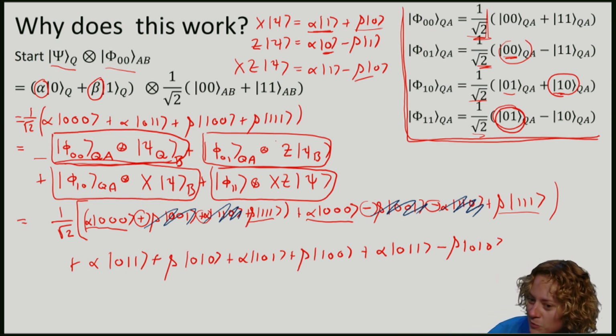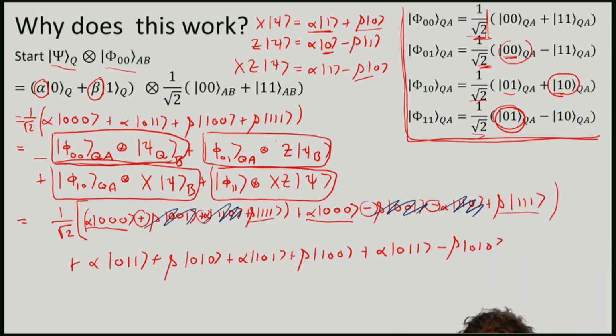So what do I have from this term? I have minus 1 0 1 with alpha. And now we have minus and minus, so I get plus beta 1 0 0.